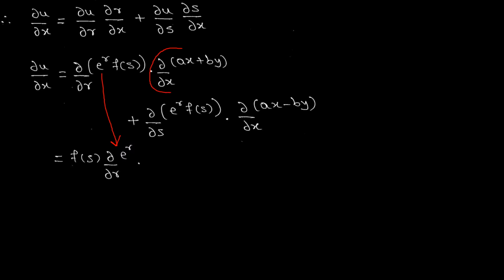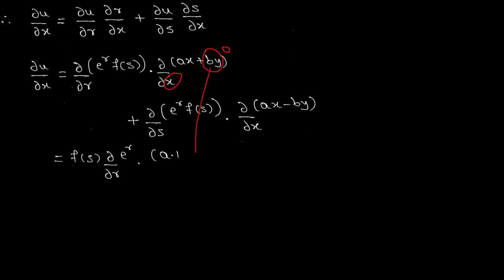Let us differentiate this partially with respect to x. A is a constant, we keep as it is. Differentiation of x with respect to x is 1. Since we are differentiating partially with respect to x, by is a constant, so differentiation goes to 0.